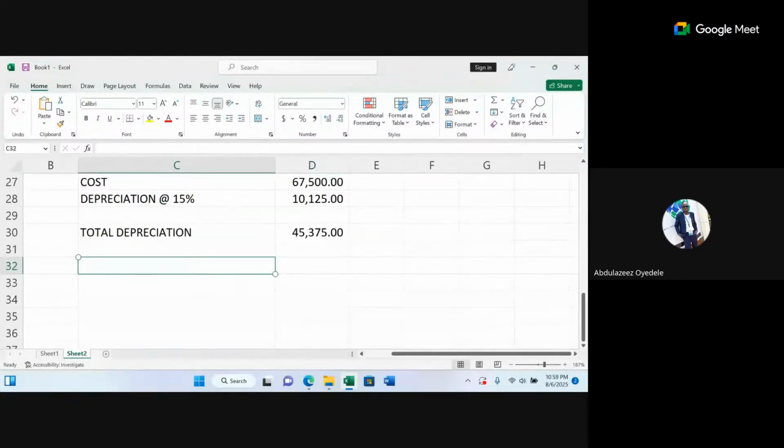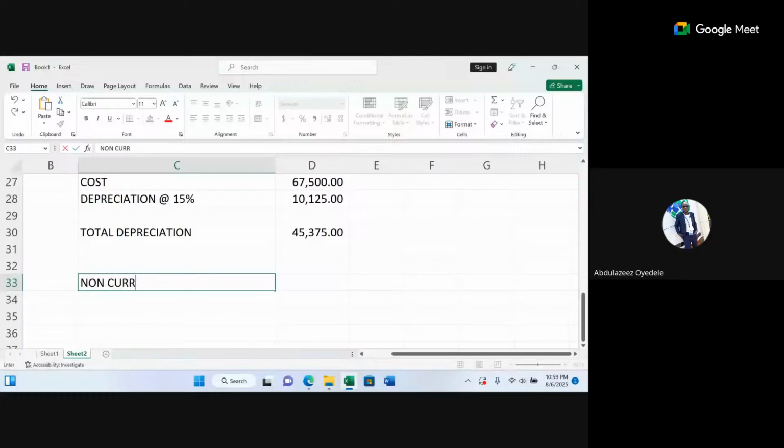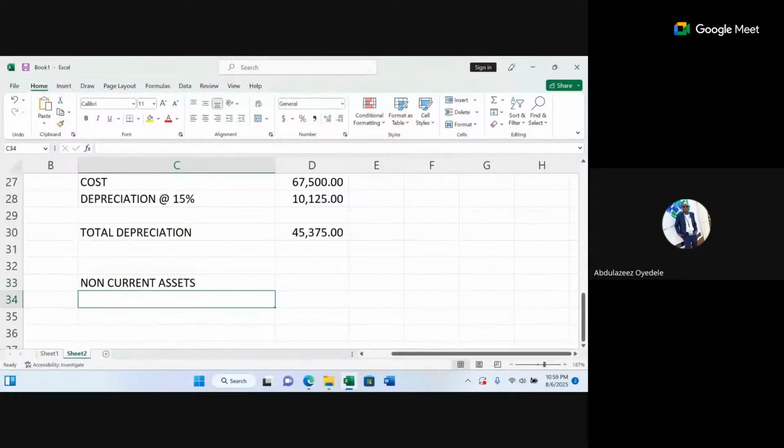Now, in our workings page, we want to calculate what is the cost of land and building, its accumulated depreciation, and then the carrying amount that we're going to have at the end of the year. So, non-current assets. Let's take it one by one. For land and building.